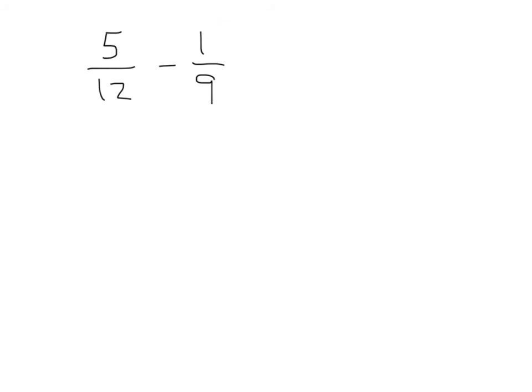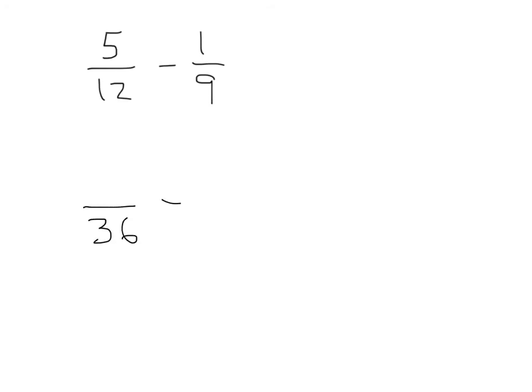Finally, here's a fraction problem with a subtraction with two denominators that are not common, and we're looking for the least common multiple. What we need to do is recognize that 12 and 9 share the factor of 3, which means we can look for a smaller number than the product of 9 and 12, which is 108, but rather we can look for 36.